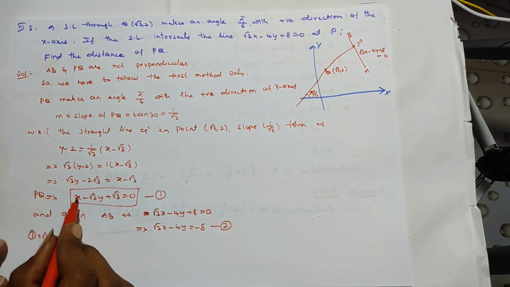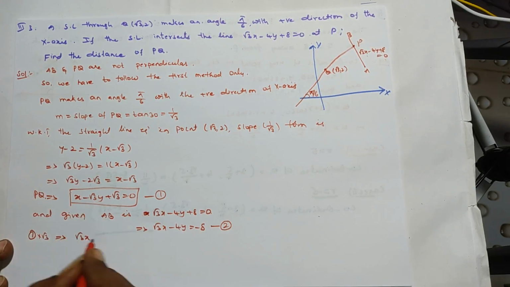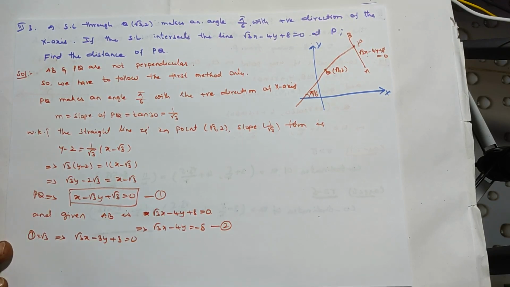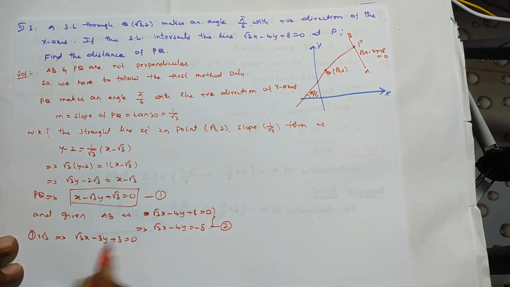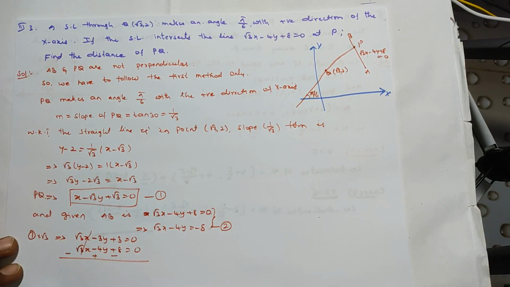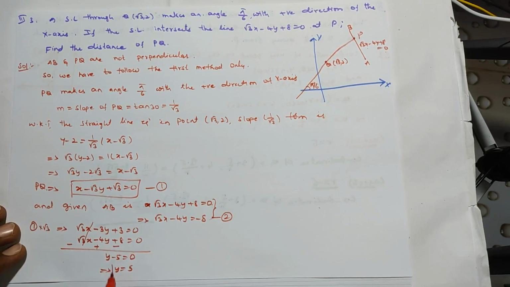So we get root 3x minus 3y plus 3 is equal to 0. And the second line equation is root 3x minus 4y plus 8 is equal to 0. Subtracting, root 3x gets cancelled. Here only y minus 5 is equal to 0, which means the y value is equal to 5.